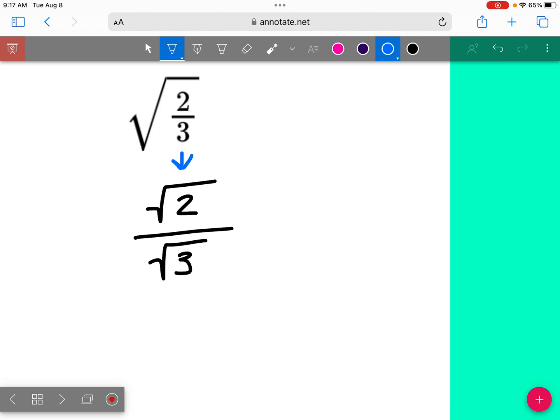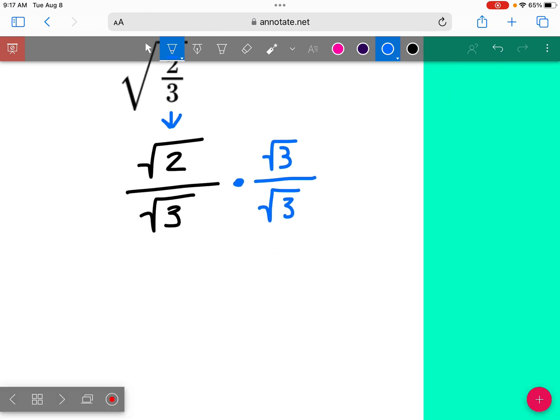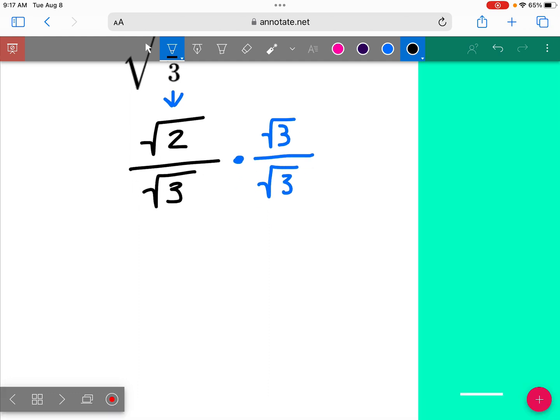In order to get the root out of the denominator, I have to multiply it by a funny looking 1. What are we going to put in our denominator to make that not have a radical anymore? Square root of 3. When we have square roots, it's really easy because it should be the same exact thing to make it a perfect square. So now we have two fractions that we're multiplying, and we can combine them into one big radical.